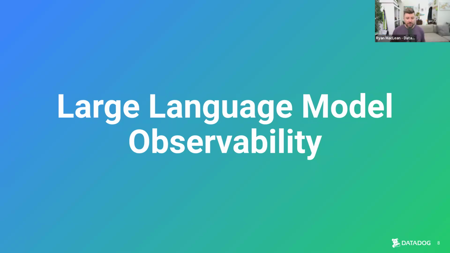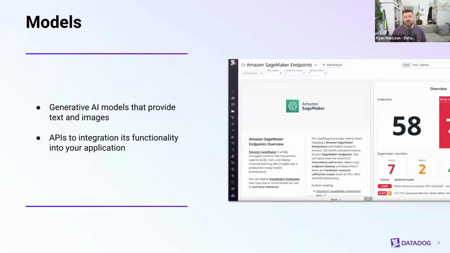But LLM observability provides tools, techniques, and methodologies to help teams manage and understand LLM application and language model performance, to do things like detect drifts or biases and resolve issues before they have a significant impact on the business or end user experience. So, for example, with the Datadog SageMaker integration, you can access more resource metrics, including CPU, GPU, memory, and network usage data for all of your training and inference nodes.